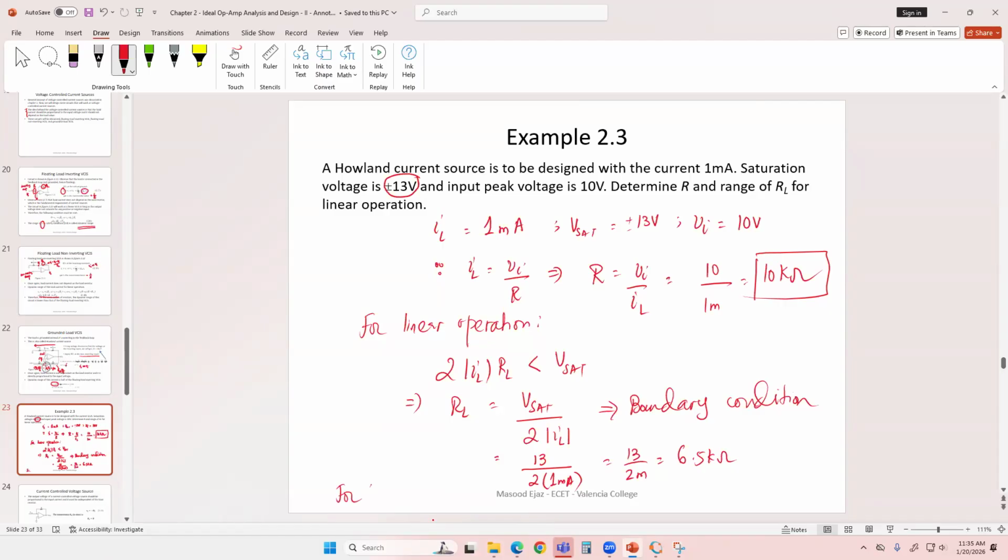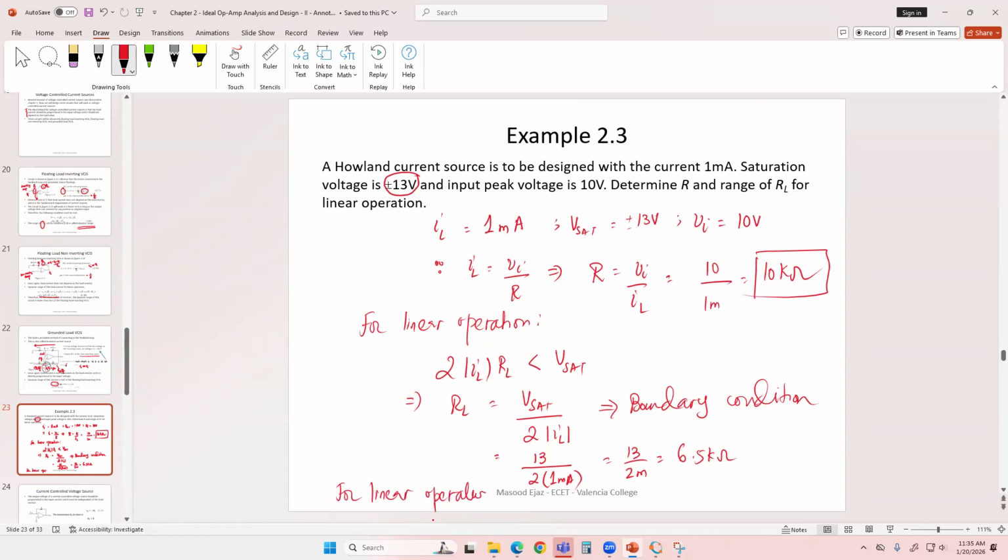So for linear operation, RL has to be less than or equal to 6.5 kilo ohm for a 1 milliampere load current source, at 10 volt input, of course.